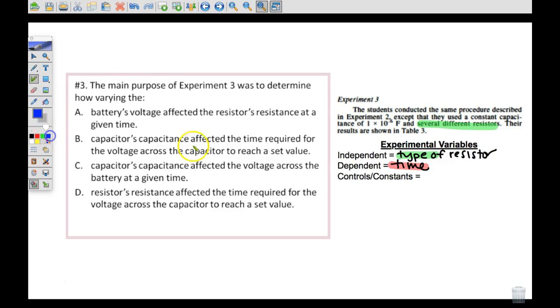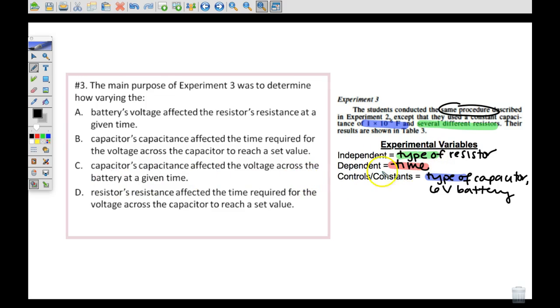And things that they're keeping the same are the capacitance value, so the type of capacitor, and if they're using the same procedure as before, they're also using a 6-volt battery. So in this experiment, they're looking at the effect of the resistor on time.